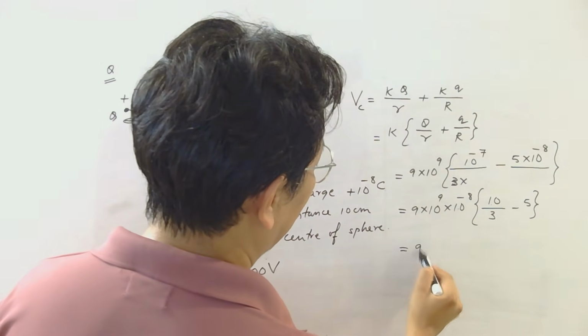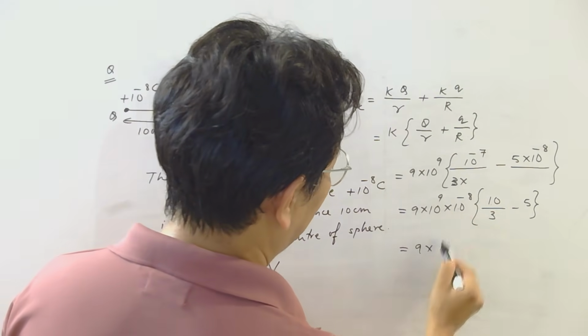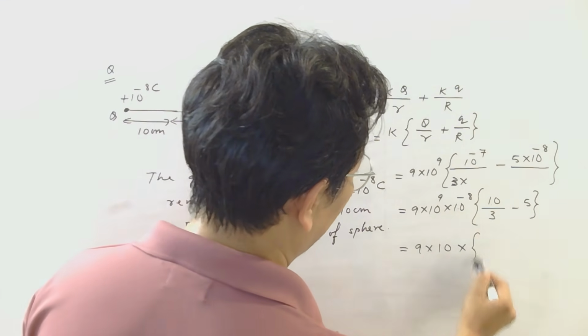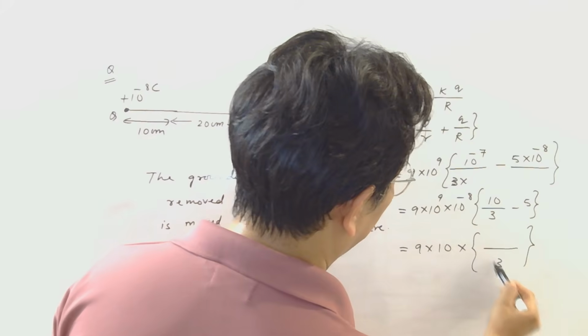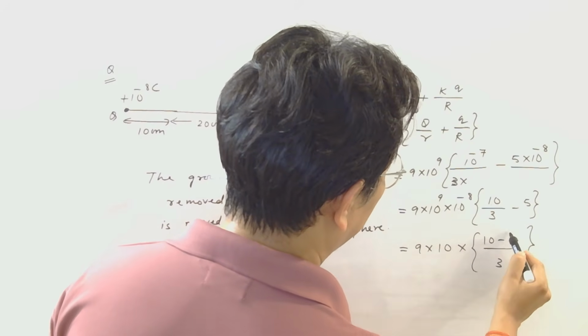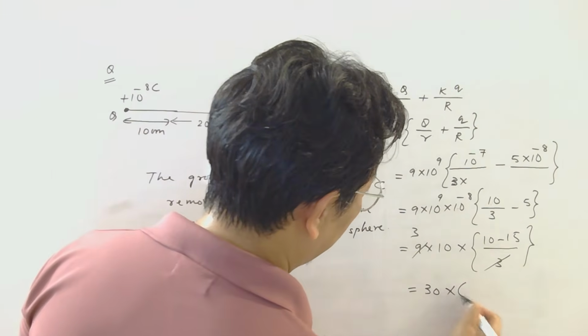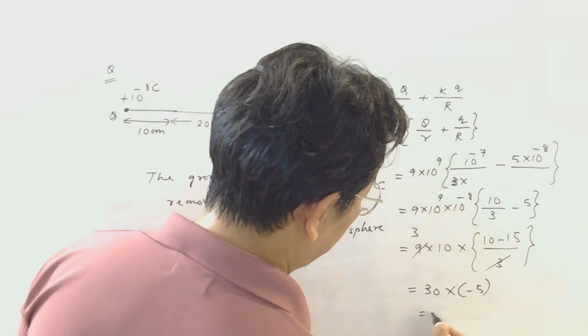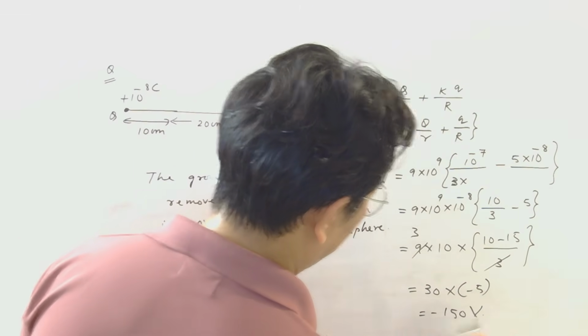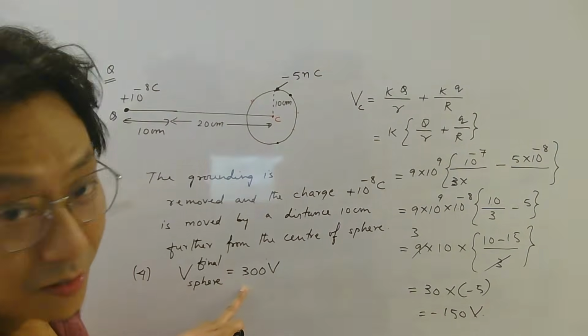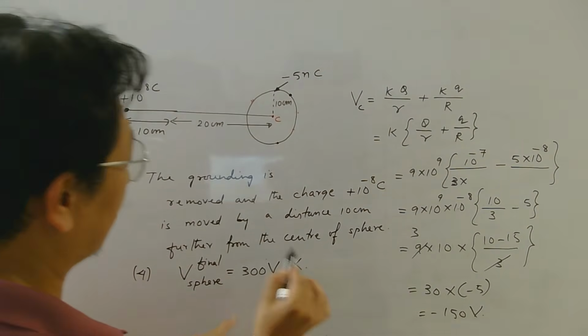So this will be 9 into 10 minus 15 over 3. So this will be 30 into minus 5, which is minus 150 volt. But here they gave 300 volt. So fourth option is wrong, right?